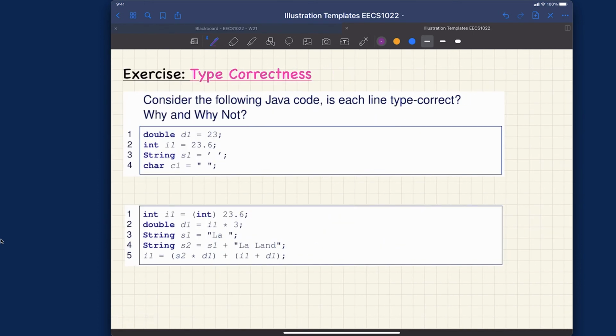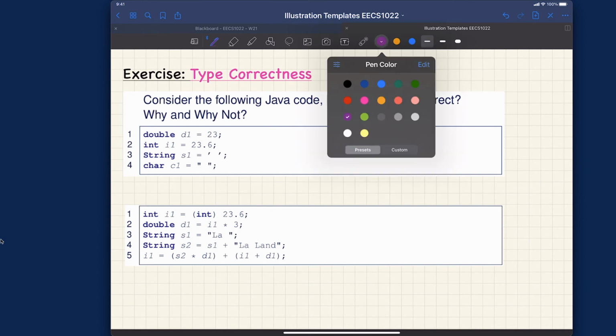Let's do the final set of examples here. Let's do as many as we can to really help you understand. Now we want to judge whether things are type correct. If it is type correct, it will compile, and then we'll see what the consequence is as far as programming is concerned. If it is not type correct, we're going to explain why not. Okay, let's see one by one. The first one, line number 1 over here, is it type correct?